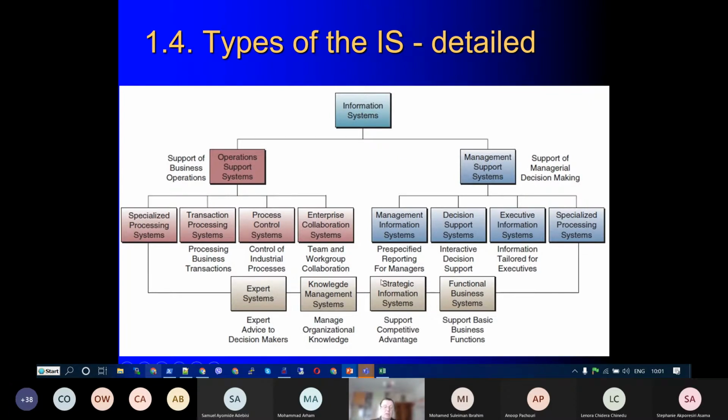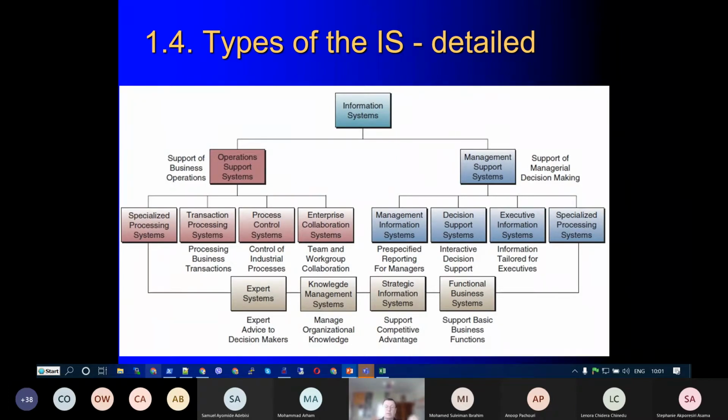Please take into account that when we talk about collaboration systems and work group collaboration instruments, that means even things we already use within this lecture, like Microsoft Teams, could be seen as an example of an information system, exactly a kind of operation support system, enterprise collaboration systems.